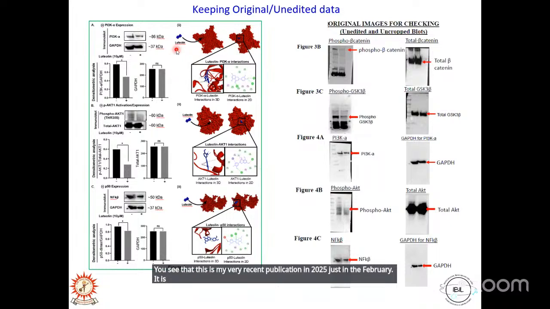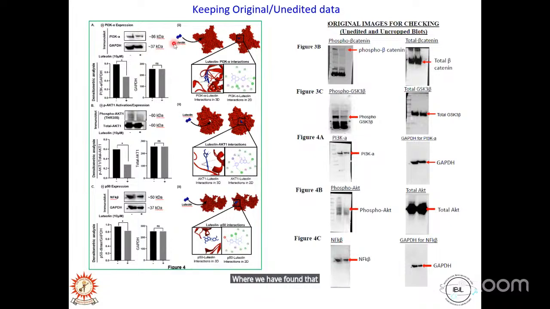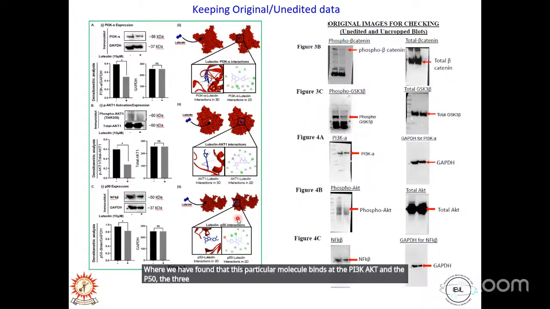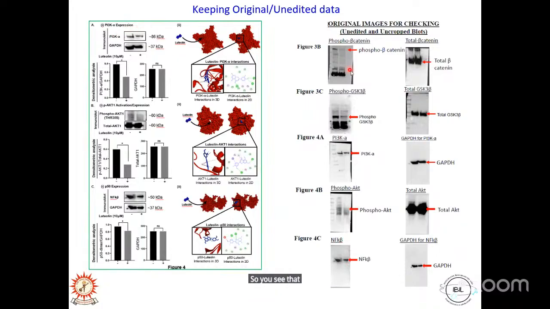It is on the efficacy of luteolin, a plant flavonoid, against the metastasis of colorectal cancer, where we found that this particular molecule binds at PI3K, AKT, and P50, the three important mediators of metastasis, and it blocks the expression of these proteins. Okay, these are the raw data.